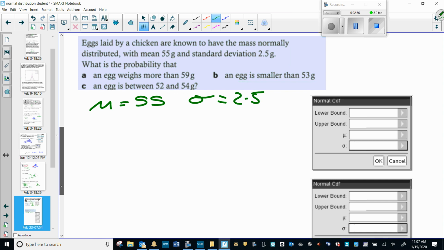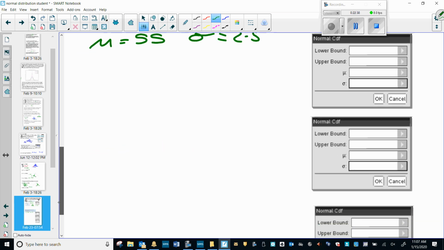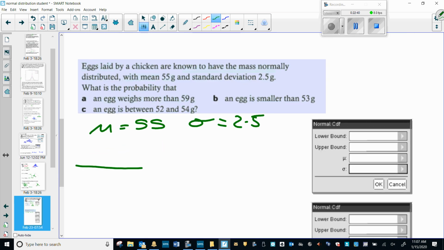Okay, I've got 3 diagrams. Our first diagram, our mean is 55. We want to know that an egg weighs more than 59. So 59 sits on which side of that line? Right. And we want more than 59, so which side are we going to shade?